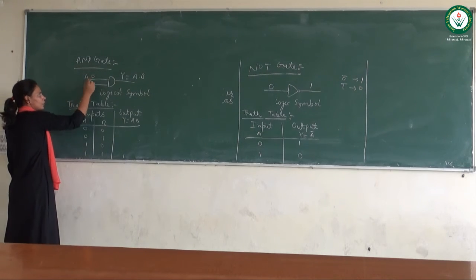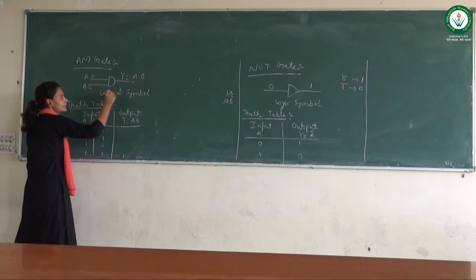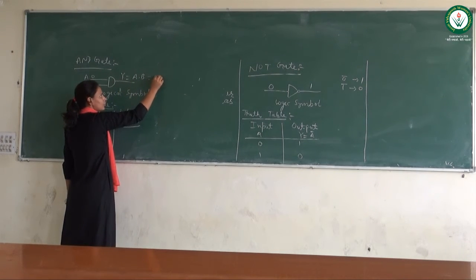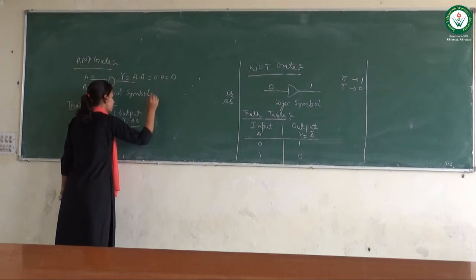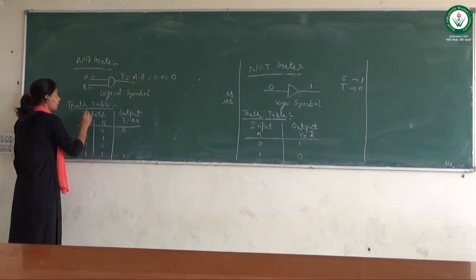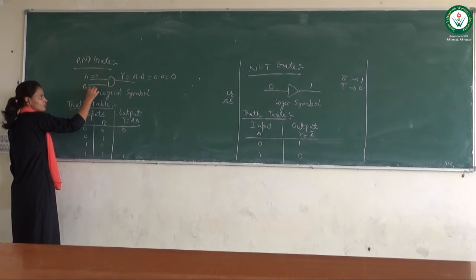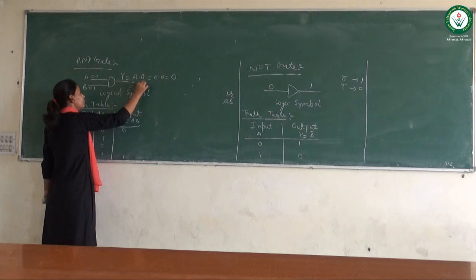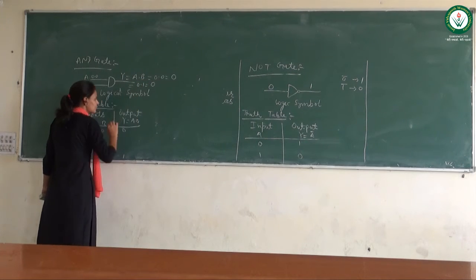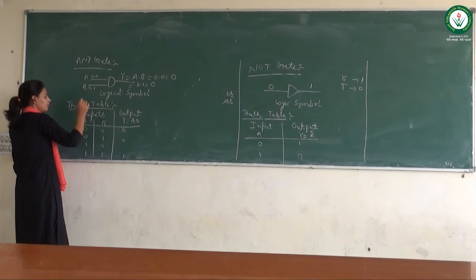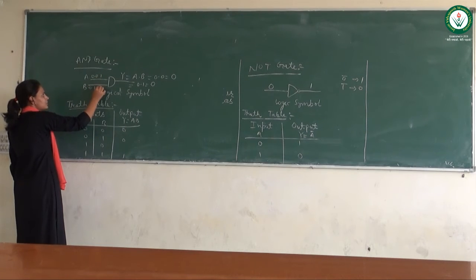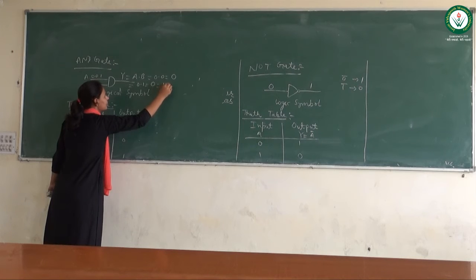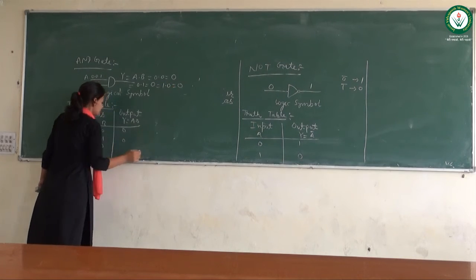If A is 0 and B is also 0, then the output of AND gate will be 0 into 0, which will be 0. When A is 0 and B is 1, then output of the AND gate will be 0 into 1, it will be 0. When A is 1 and B is 0, then the output of AND gate will be 1 into 0, it will be 0.